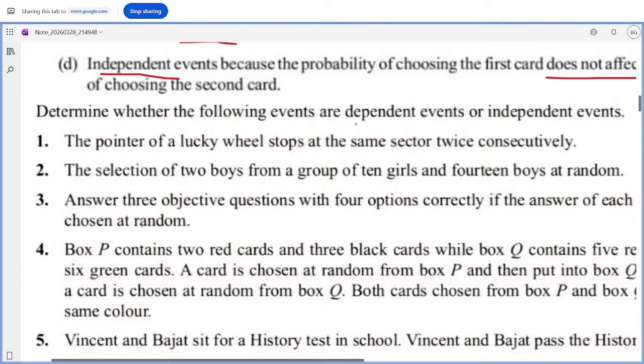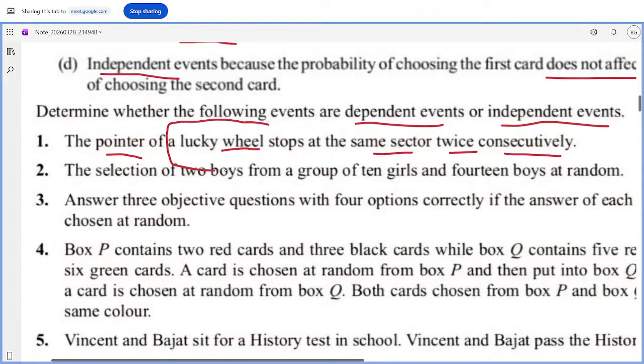Okay, another set of questions to determine whether it's dependent or independent. So they say a pointer of a lucky wheel stops at the same sector twice consecutively. So you guys think and see, dependent or independent? Over here, no keyword, so you need to base on the situation. They say it stopped at the same sector twice, 2 times. I think you guys have played this, right?